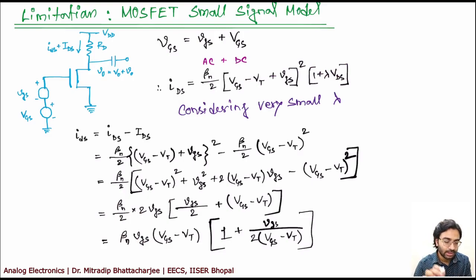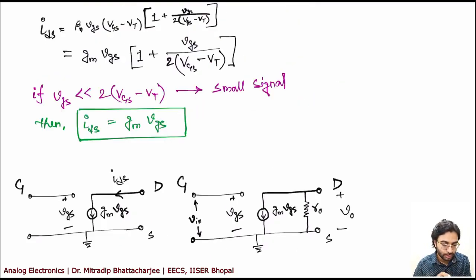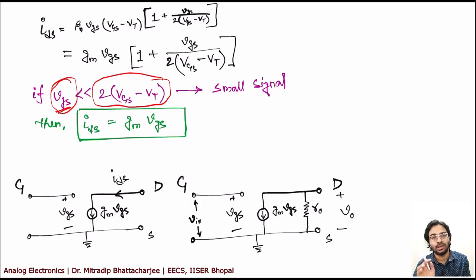I have discussed the limitation of MOSFET and have shown you that for small signal analysis, your VGS should be less than 2 into VGS minus VT, and also said that in this case at least your VGS value can go up to 20 millivolt, 30 millivolt.